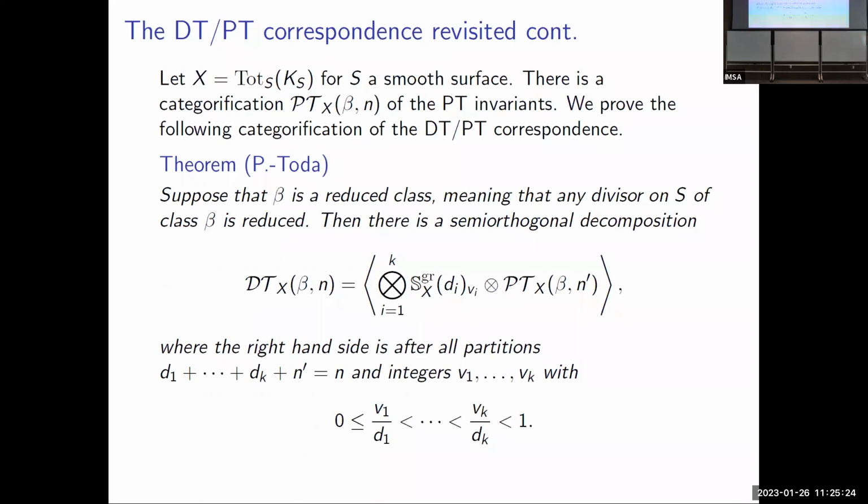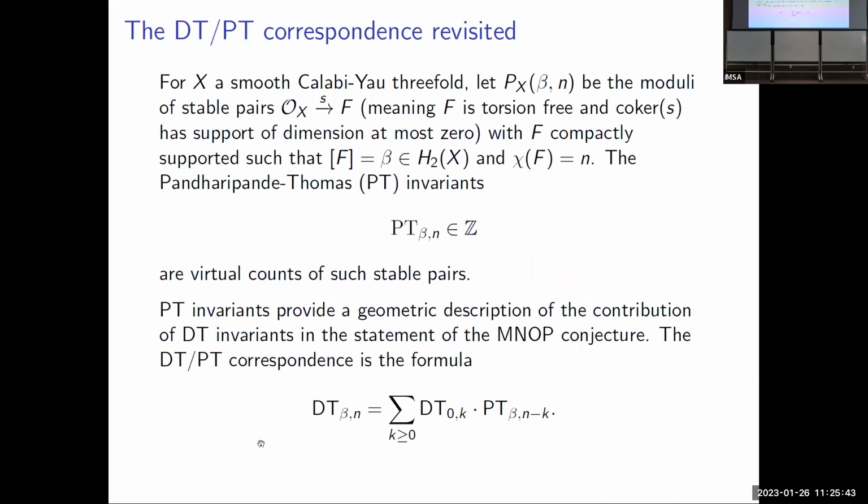However, we do not have a definition of even DT categories of points on an arbitrary Calabi-Yau threefold. We just have it for a local surface. Then we can wonder if there is a categorification of the DT-PT correspondence. Maybe, before I move on, this is a very important theorem in enumerative geometry, and it uses a lot of deep work.